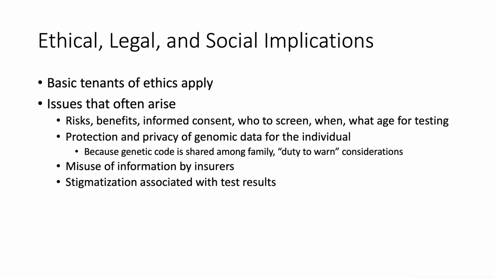Then I pretty well touched on misuse of information by insurers, and stigmatization can occur from simply having associated with the test results if it shows mutations, even though the patient hasn't demonstrated any of those illnesses yet, or may never, but they could pass them on. There is a stigmatization that can occur as a result of having mutations.